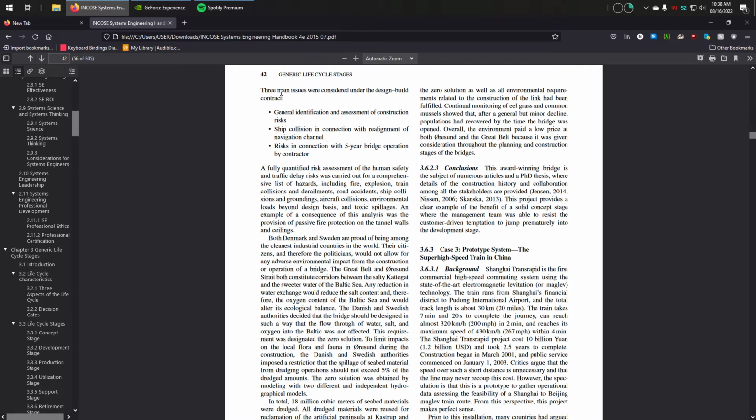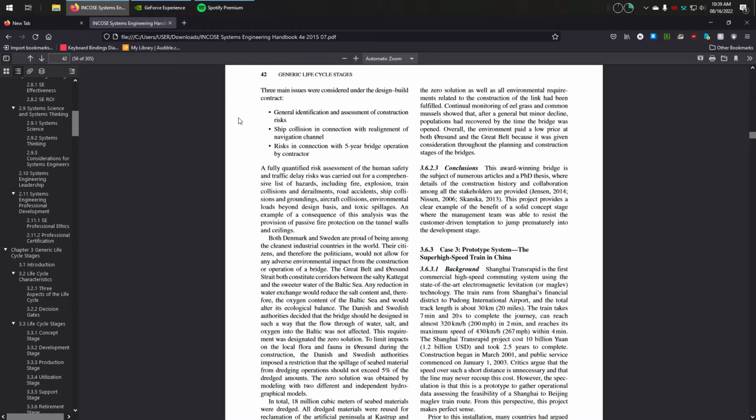Three main issues were considered under the design-build contract. General identification and assessment of construction risks. Ship collision in connection with realignment of the navigation channel. Risks in connection with 5-year bridge operation by contractor.